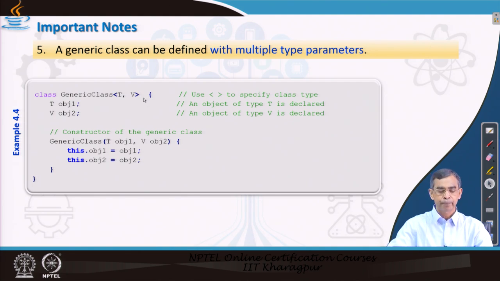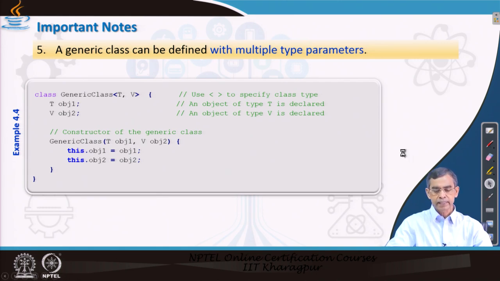So far as Java programming is concerned, there is no limit, maximum up to 256 arguments that you can pass. Beyond 256, the Java virtual machine will not allow you to do that.